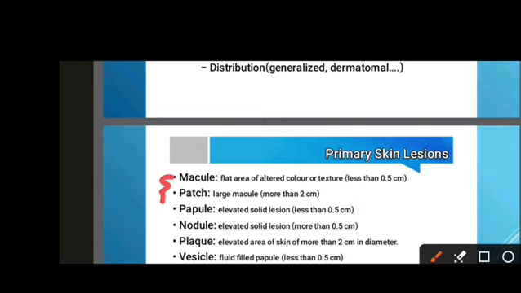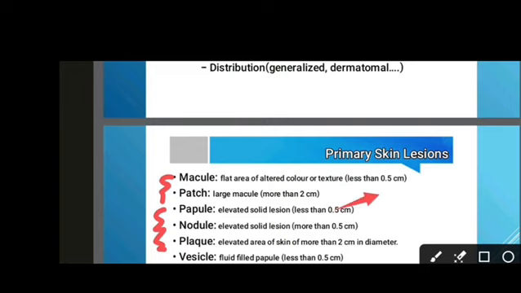When we come to the second group, papule, nodule, and plaque, they are elevated, solid lesions. A papule is an elevated solid lesion, less than 0.5 centimeter.